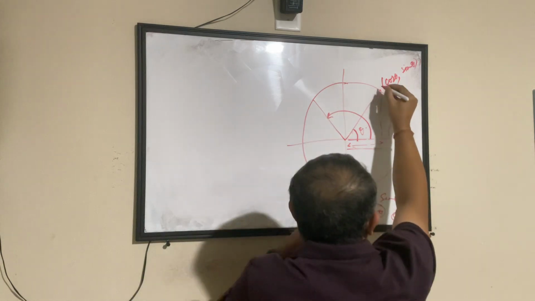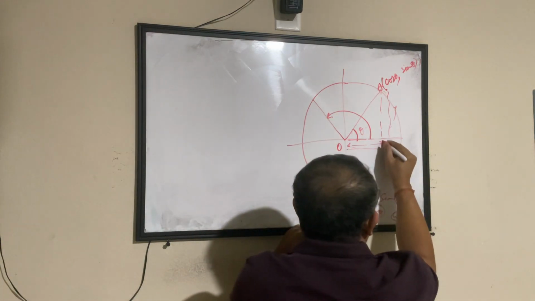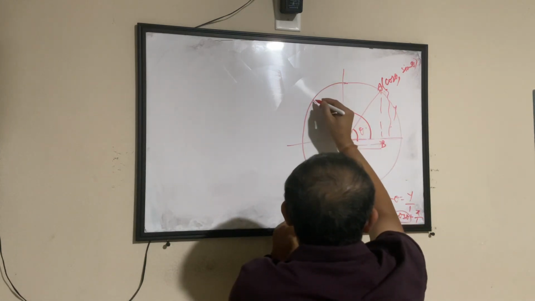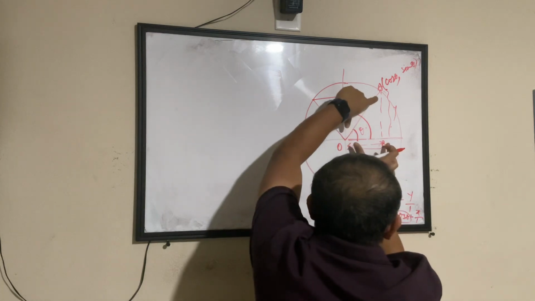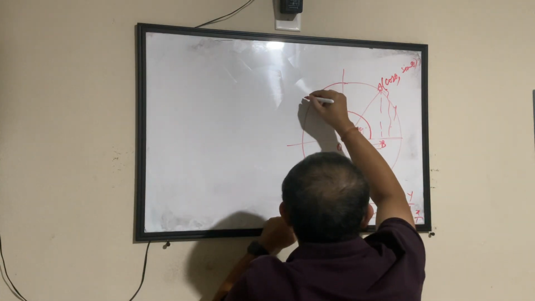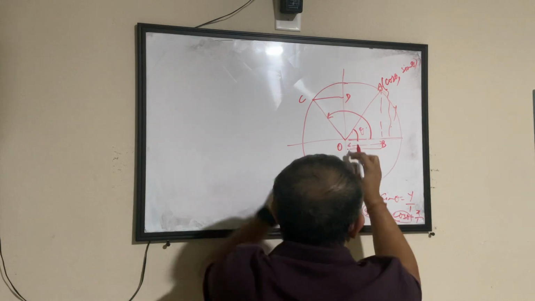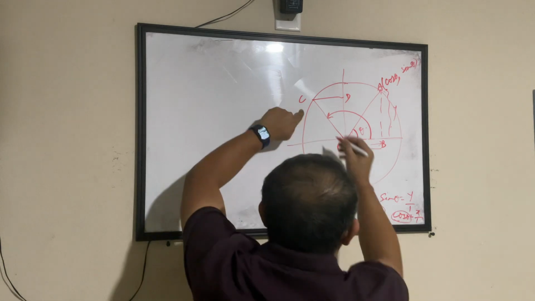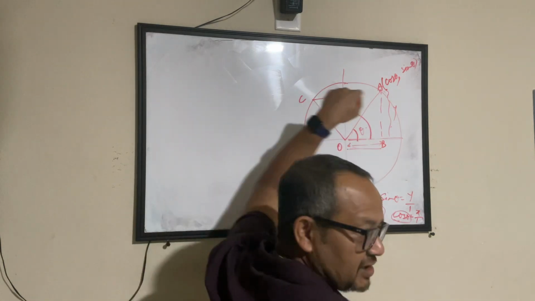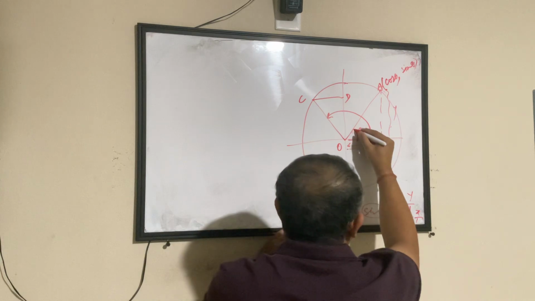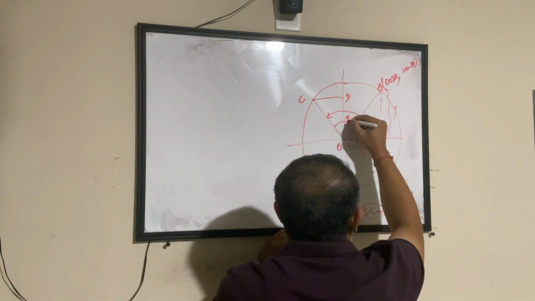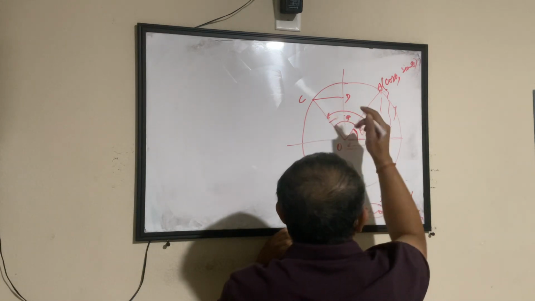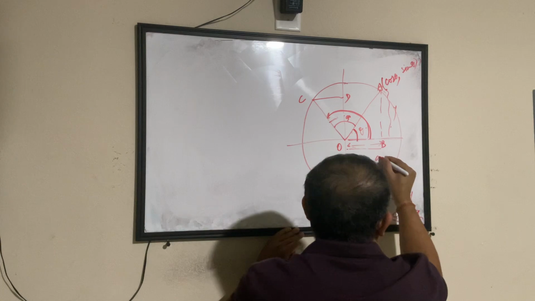Or if you visualize this as a triangle AOB with the angle theta, if you turn this triangle by 90 degrees, meaning if it was here, you flipped it and then it became, let's say, C and D. So this triangle moved by 90 degrees and it became triangle COD. That means if this angle is theta, this angle is 90 degrees, so this angle from here to here will be 90 degrees plus theta.